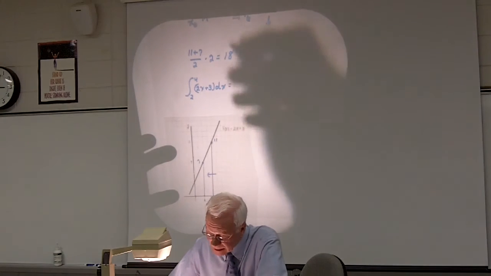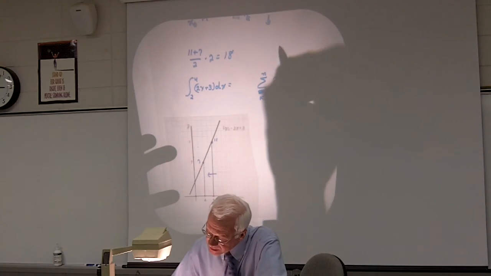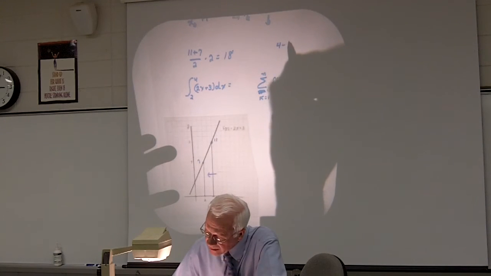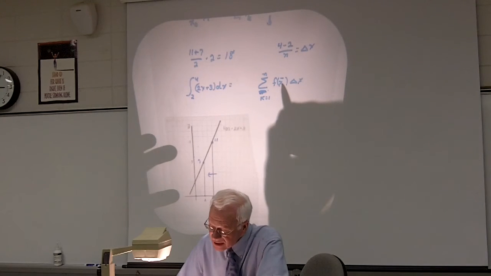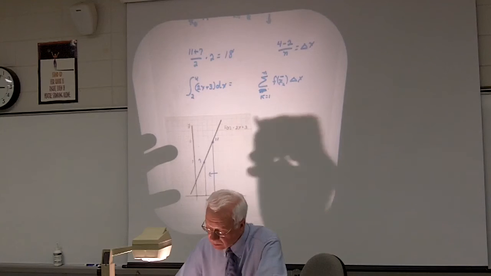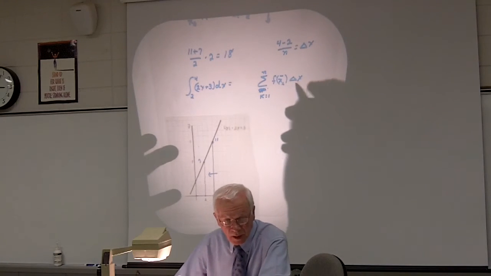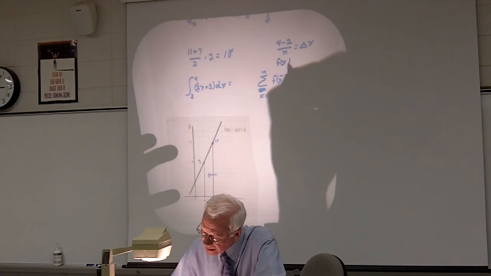Now, I have to tell you a few things. This delta x is actually 4 minus 2 divided by n, which is 2 over n. And this x bar k is some point in between one of these intervals, this height. And another part here, f of x is equal to 2x plus 3.